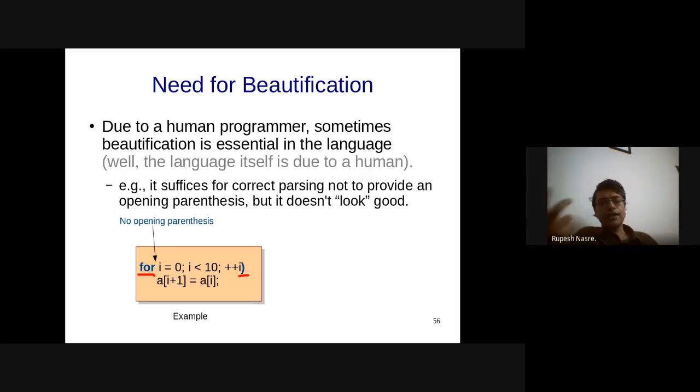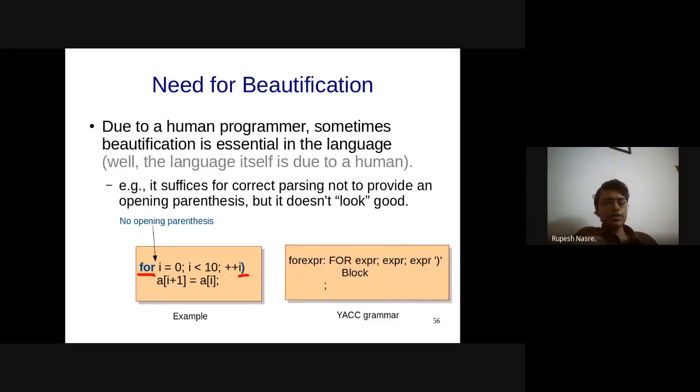So it does not add any ambiguity if you remove that opening parenthesis, but it doesn't look good, right? And that looking good is something we sometimes have to worry about while designing a language. This is just off the point, because some of you will probably be designing a language of your choice sometime.